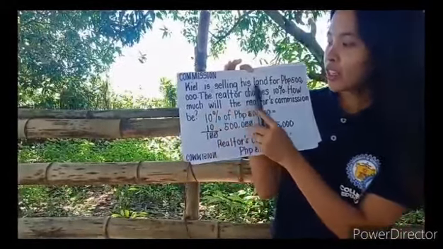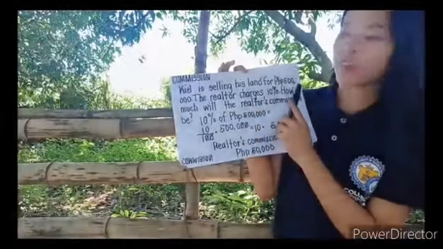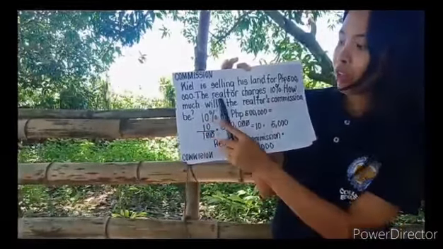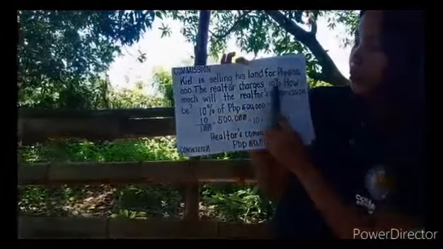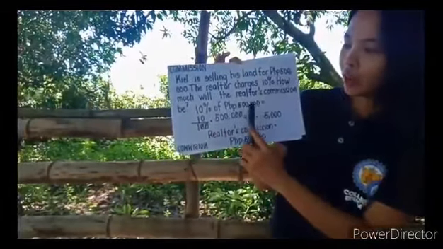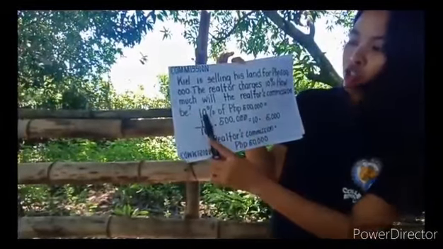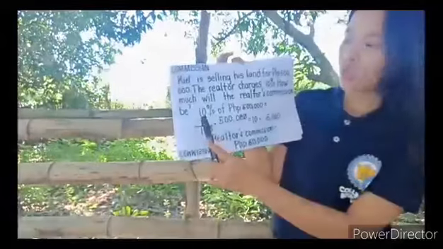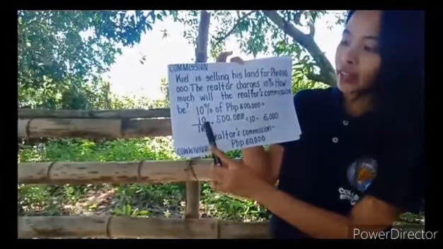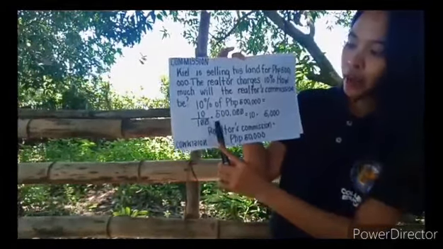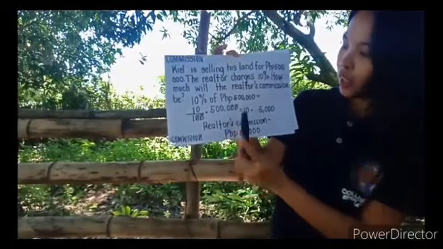Let's start. Commission. Kiao is selling his land for 500,000 pesos. The realtor charges 10%. How much will the realtor's commission be? 10% of 500,000 pesos. We change 10% from percentage to decimal, so simply divide 10 by 100, times 500,000.